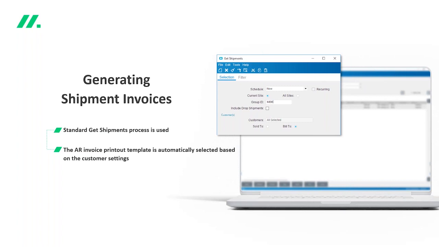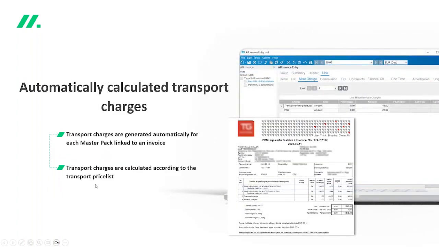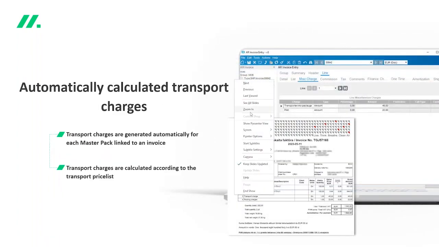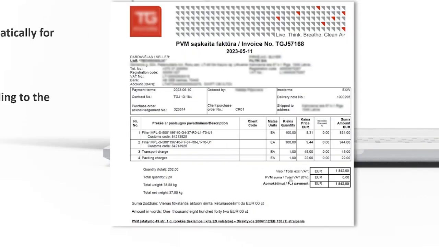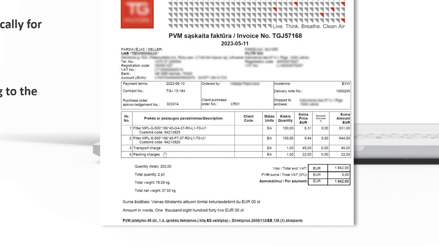The result is our shipment invoice, where we automatically see the transport charge and, if a customer has been chosen for it, also a packing charge.